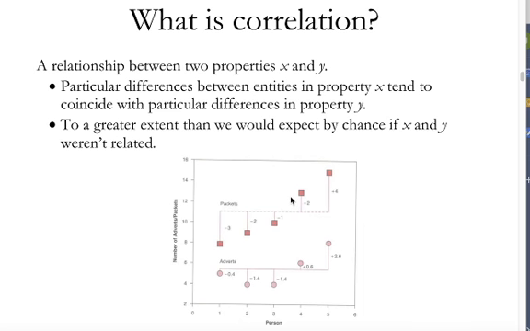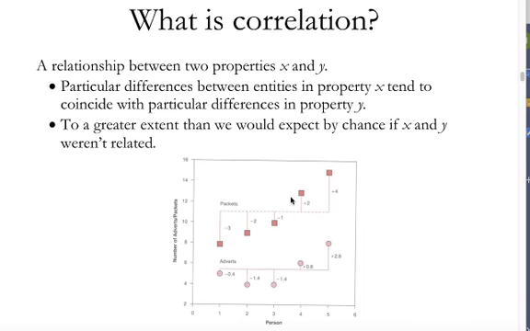Those entities might be people, they might be words, they might be different locations in time or space. It can be just about anything. So it's just differences in property X between things tend to coincide with specific differences in property Y also, to a greater extent than we would expect by chance if X and Y weren't related.